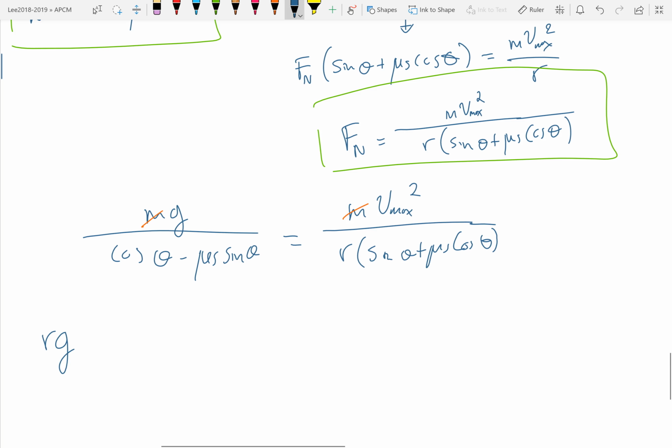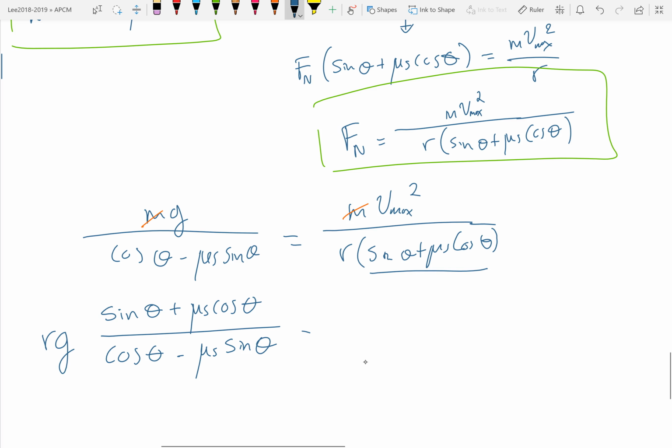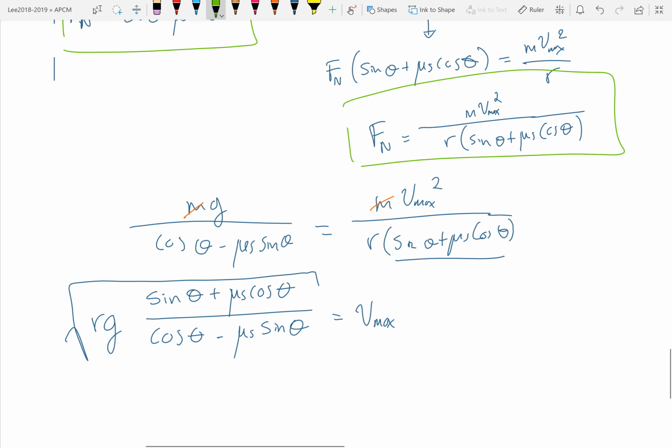And then I've got this piece of work down here upstairs, sine theta plus mu s cosine theta, divided by cosine theta minus mu s sine theta equals Vmax squared. So we got to take the square root of all this.